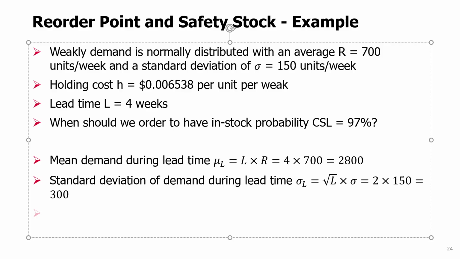Right, so we have the demand distribution. We are assuming it is normal, and so for 4 weeks it is also going to be normal with this mean and with this standard deviation. So now we are ready to calculate the reorder point.